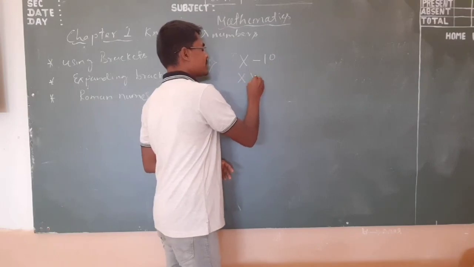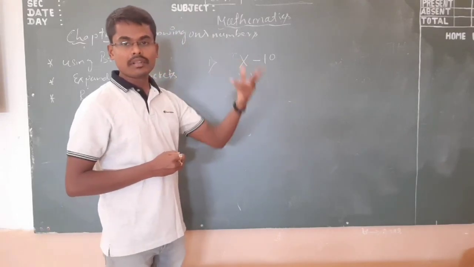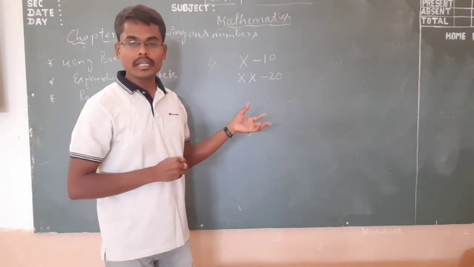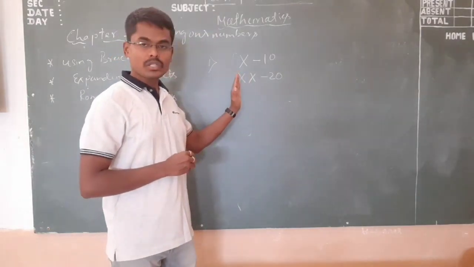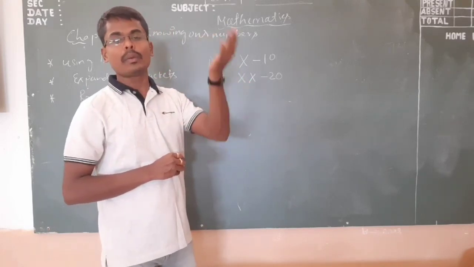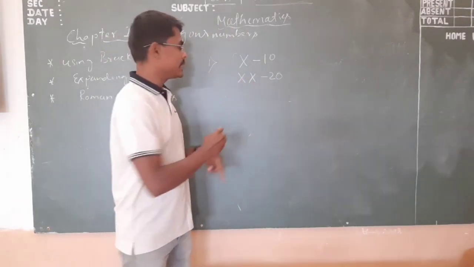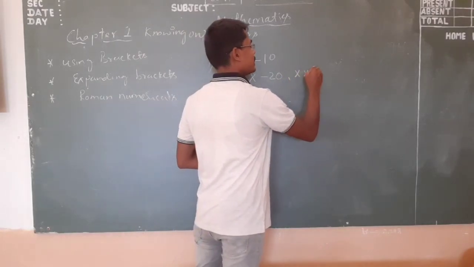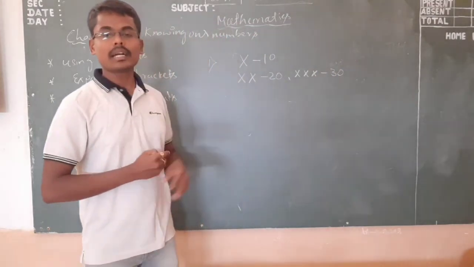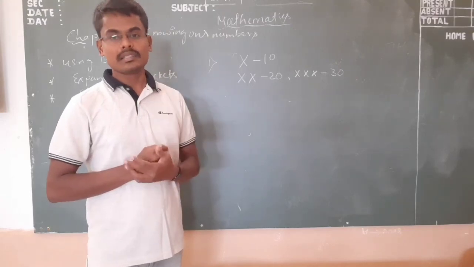If I repeat this again, X and X, that gives the number 20. How are we going to write this number 20? As I said, the repetition of the symbol gives the value that is added to itself, that becomes 10 plus 10, 20. Then one more X gives the value 30. Like that we can repeat up to 3 times.